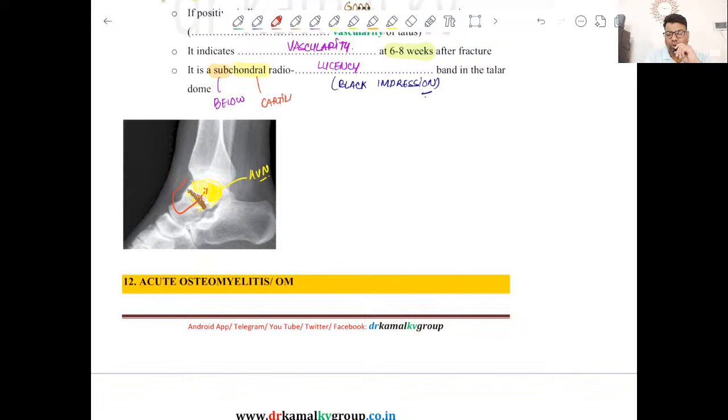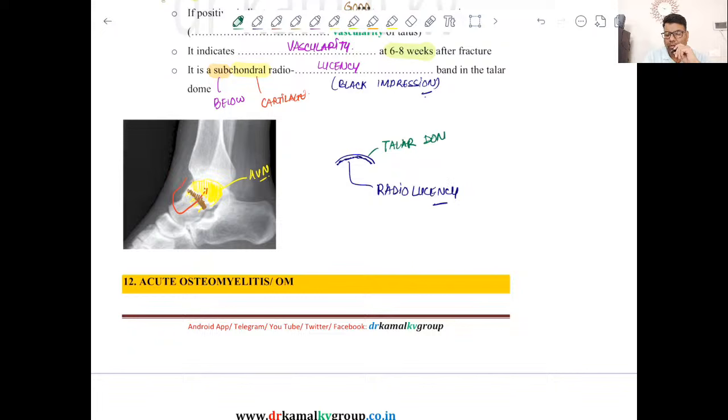Clear? If this is the talar dome, we are interested in looking for a black line, something like this. So this is subchondral radiolucency.